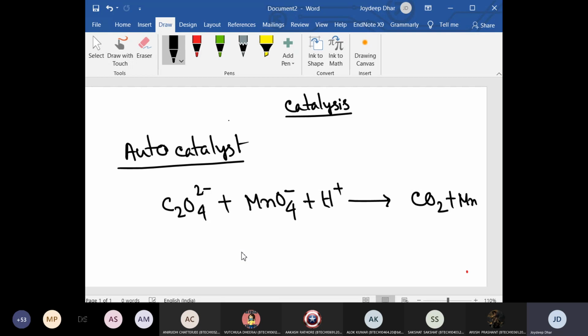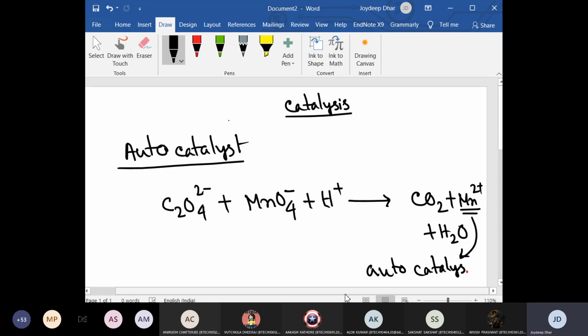You will have manganese 2 plus, because the KMnO4 oxidation state is +7, it will reduce to manganese 2 plus, and you will have water. Now in that case, manganese 2 plus will act as auto catalyst. So this is one of the most common examples.